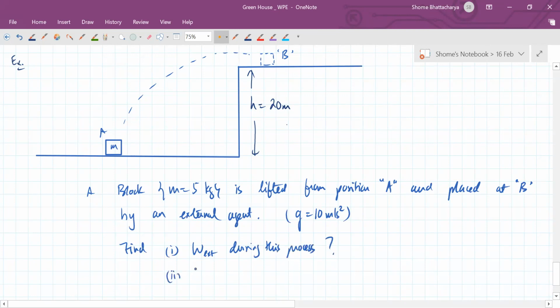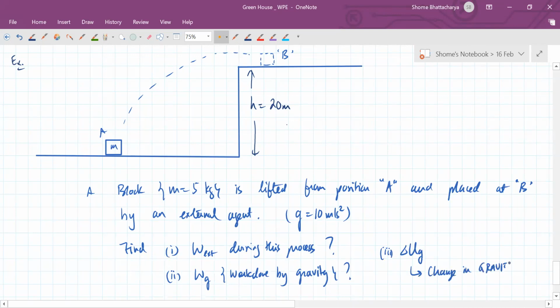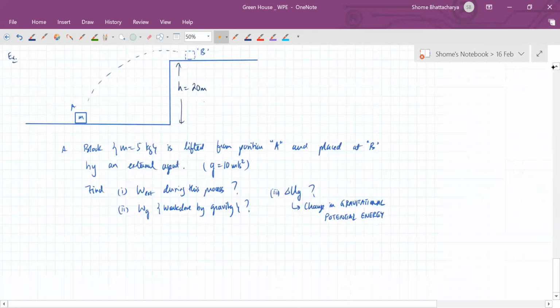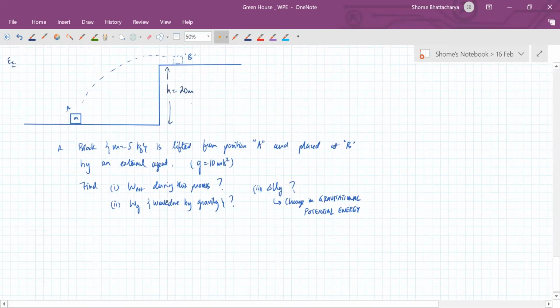Secondly, the work done by gravitational force. And from that we will see how to define the change in gravitational potential energy during this same process. So take down the question first, then we'll understand this in detail.